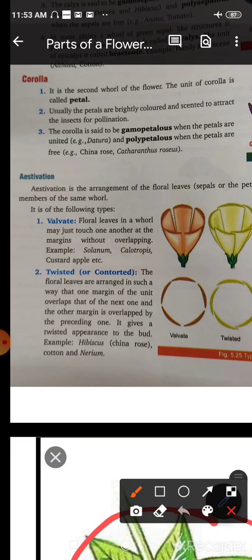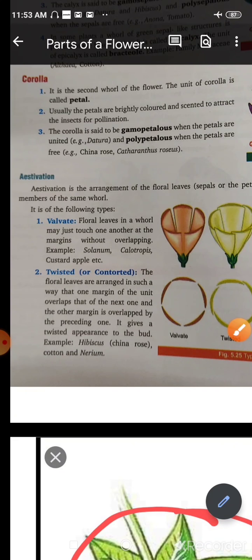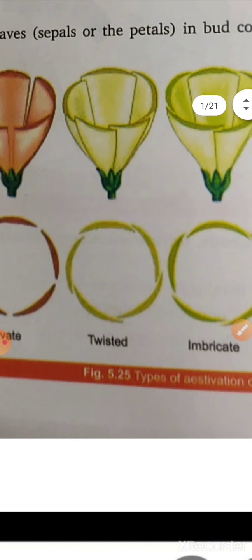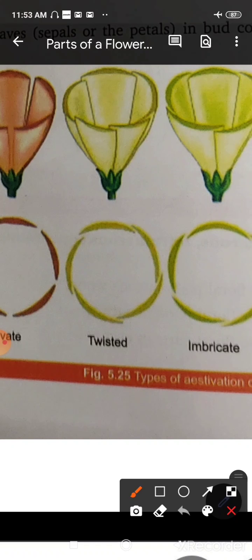Again here, if you look at the diagram of twisted aestivation, you see how each petal is overlapping with each other. See the difference: in the earlier type the margins are in close contact with each other, and here they are overlapping each other.